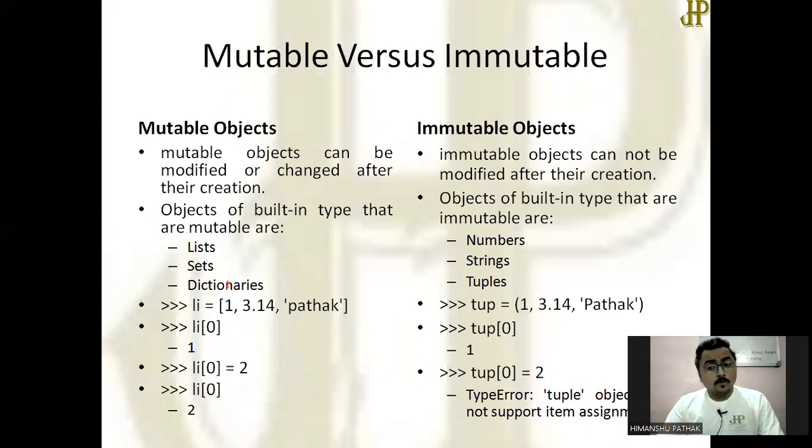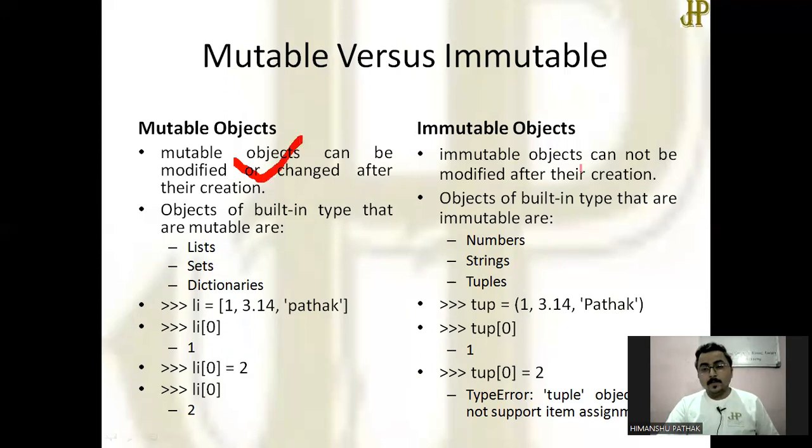So that's all from data types. We learned basic data types. Now, what is the difference between mutable and immutable? Already discussed, just going to revise that. Mutable objects can be modified.